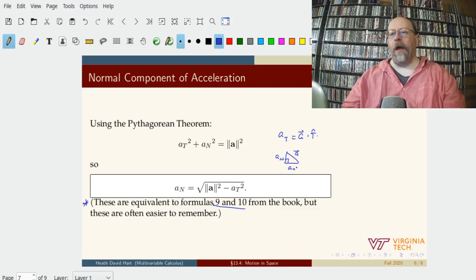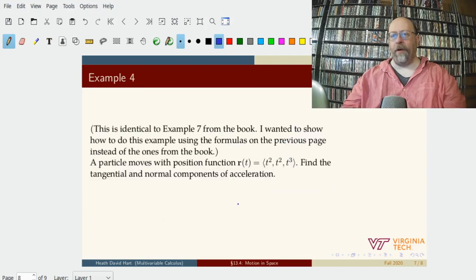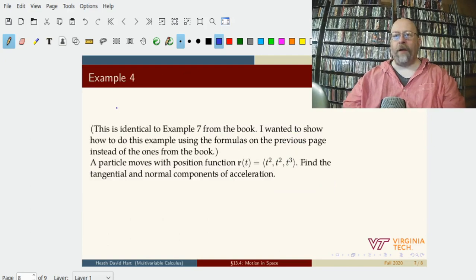All right. So what I want to do, because I'm deviating from the book, this example, in my notes, I've numbered example 4 just because that's where it is consecutively, but it's identical to example 7 from the book. And in the book, they do it using the formulas they've introduced.